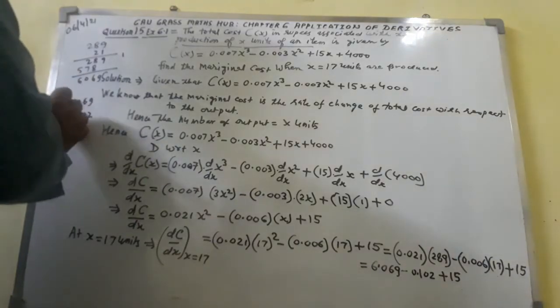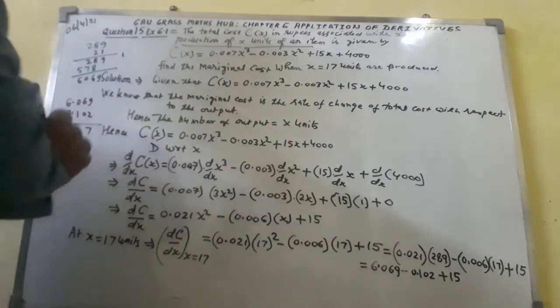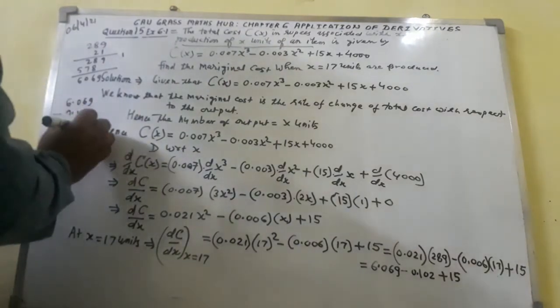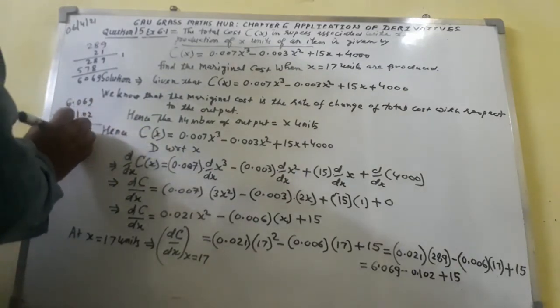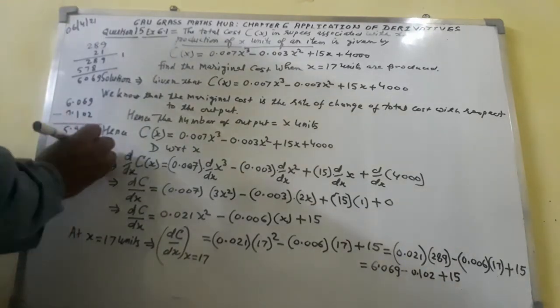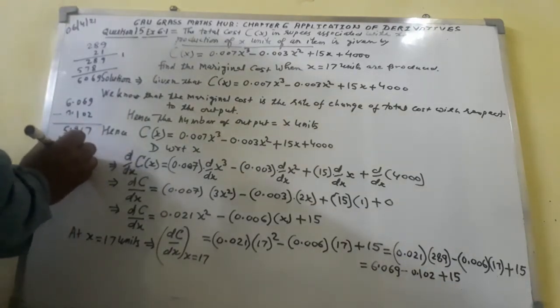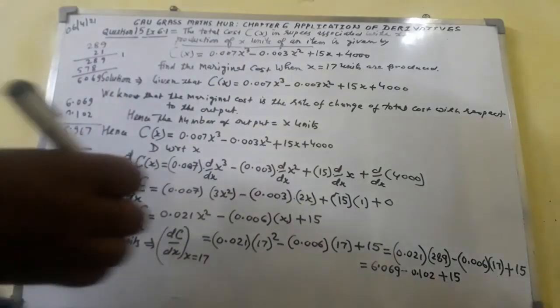Let us see. All of 15 will be added. You will get 20.967.